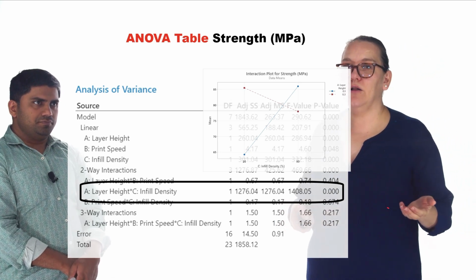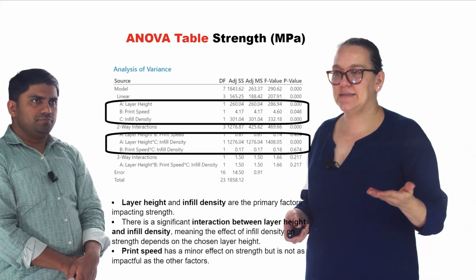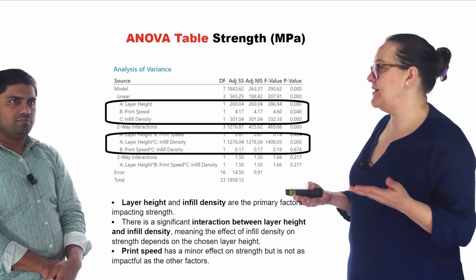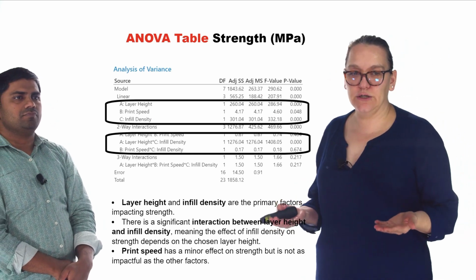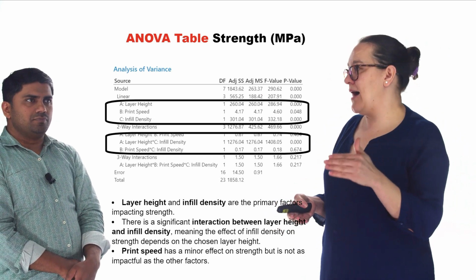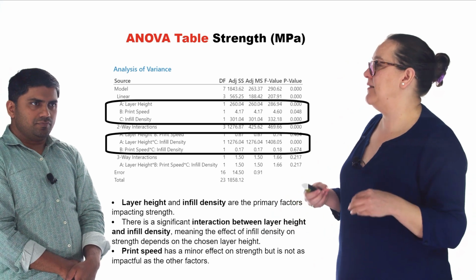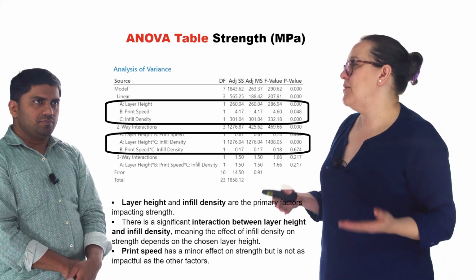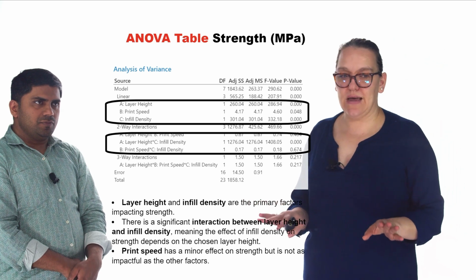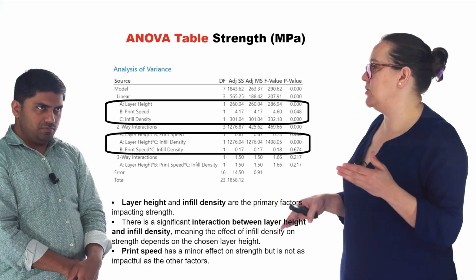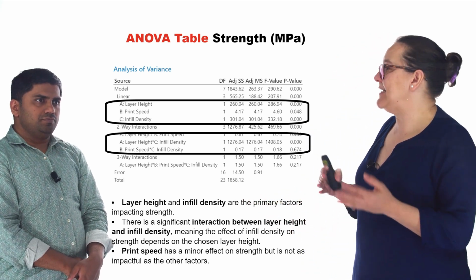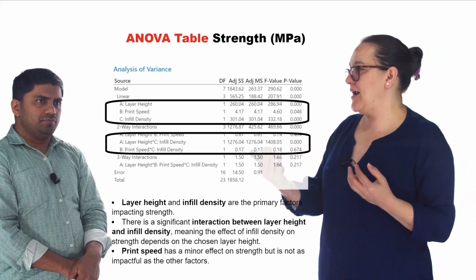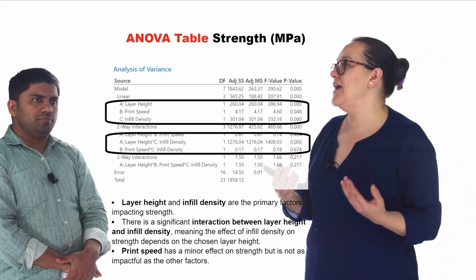So overall, from the ANOVA for the strength, we can conclude that layer height and infill density are the main factors that affect the strength. Print speed has an effect, but not as much as the other ones. But the interaction between layer height and infill density is important.